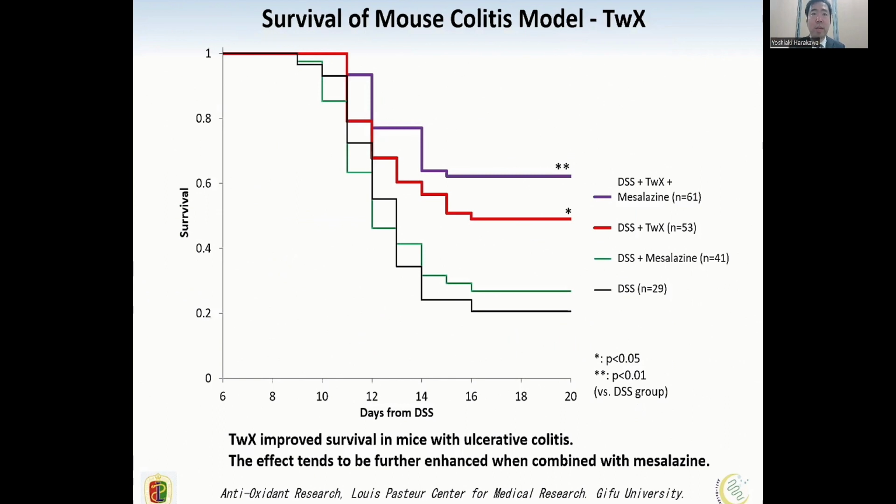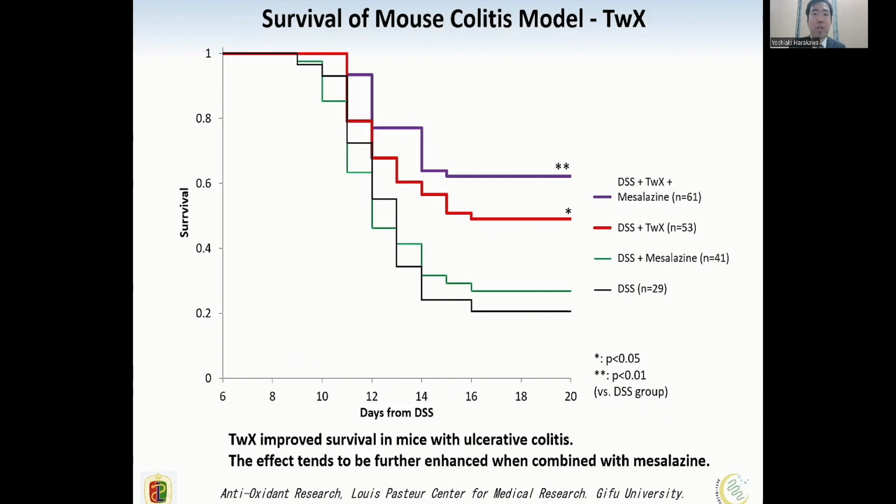Next, we examined how 20X could affect the prognosis of ulcerative colitis. As mentioned earlier, this model is so intense that death occurs due to ulcerative colitis, and in fact only about 20% of the control group given only DSS survived.